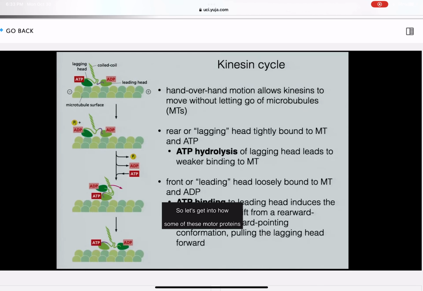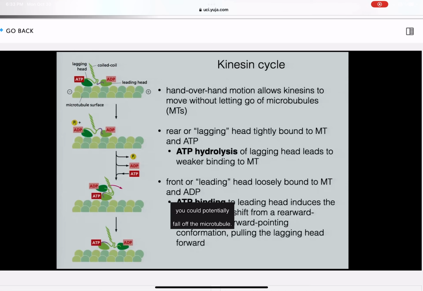So let's get into how some of these motor proteins actually work. The first one we'll talk about is the kinesin cycle. We'll be talking about dynein next lecture. But essentially they walk in a hand-over-hand motion. And so they essentially don't let go of the microtubule, meaning there's always one hand attached to the microtubule.